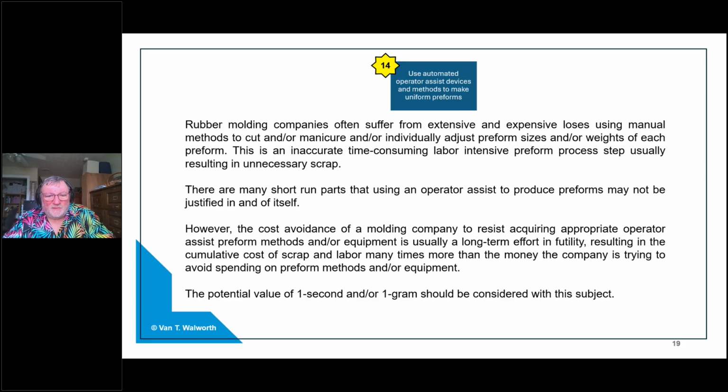I use the example many times of if I wanted to have 16 eggs all fried at the same time at the same level, but the only way I could get the eggs onto the griddle was to load egg 1, load egg 2, crack open egg 3, crack open egg 4, and so on, crack open egg 16. By the time I cracked open egg 16, egg 1 may already be well done. And my objective of being able to cook all of the eggs evenly and serve them at the same time in the same condition is completely obviated.